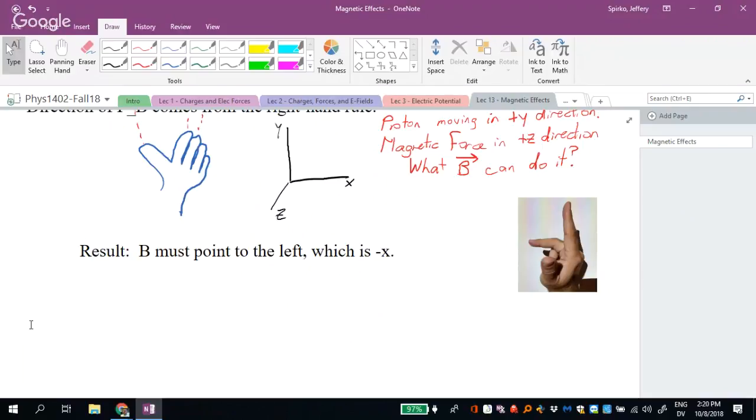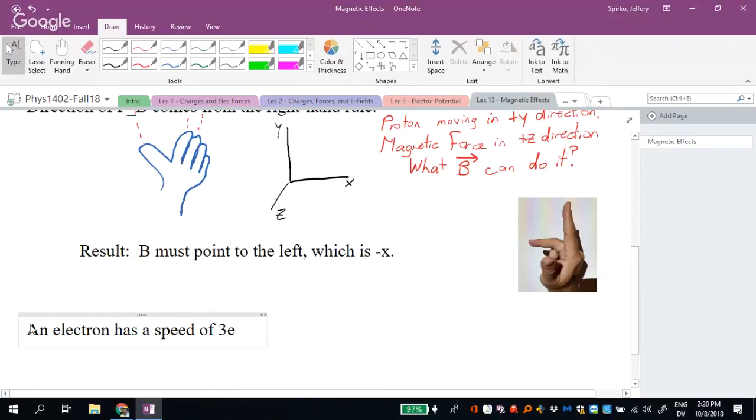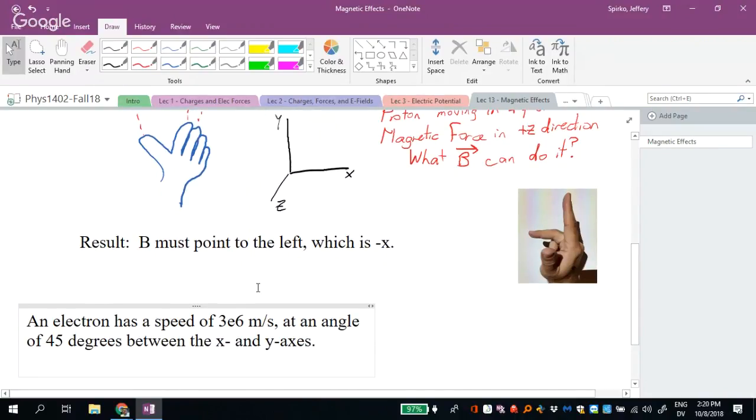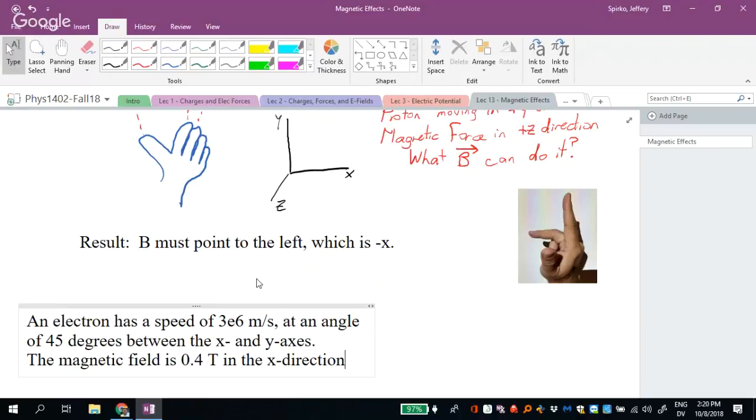So let's say we start with an electron that has a speed of 3 × 10⁶ meters per second at an angle of 45 degrees between the x and y axes, and the magnetic field is 0.4 Tesla in the x direction.